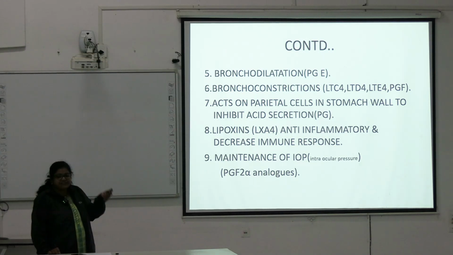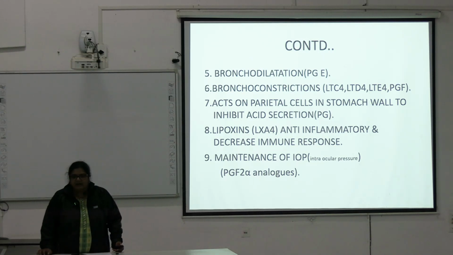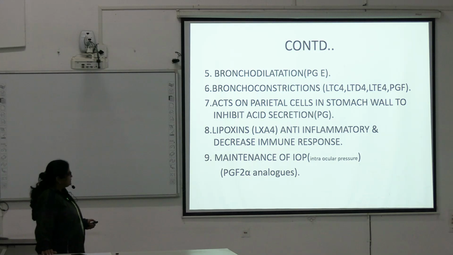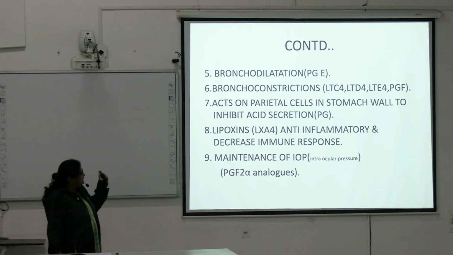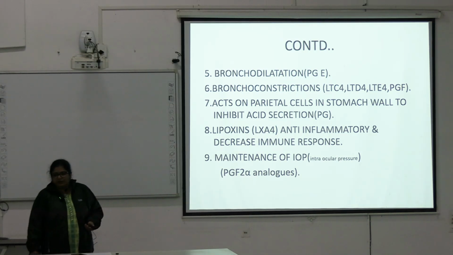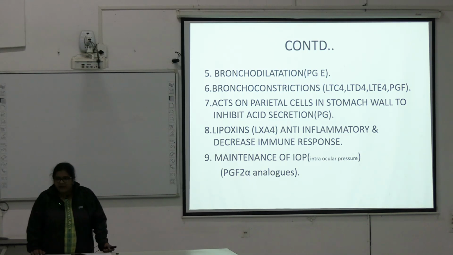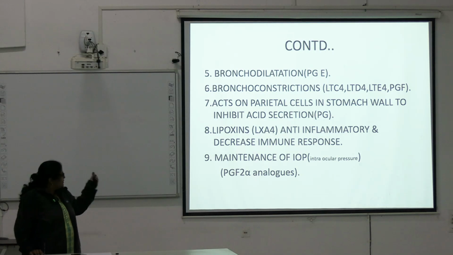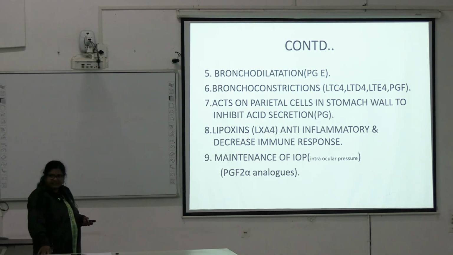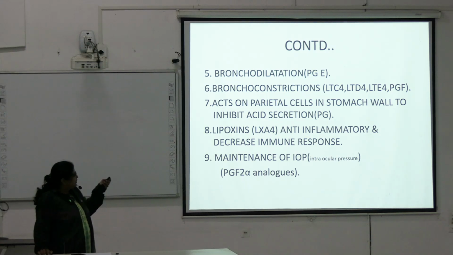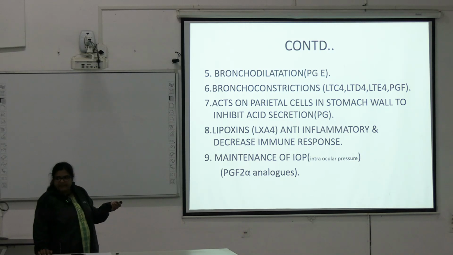This bronchoconstriction in acute asthma, slow reacting substance of anaphylaxis, is produced by these leukotrienes. So in asthma, the main cause is leukotrienes C4, D4, E4, another is PGF. Okay.